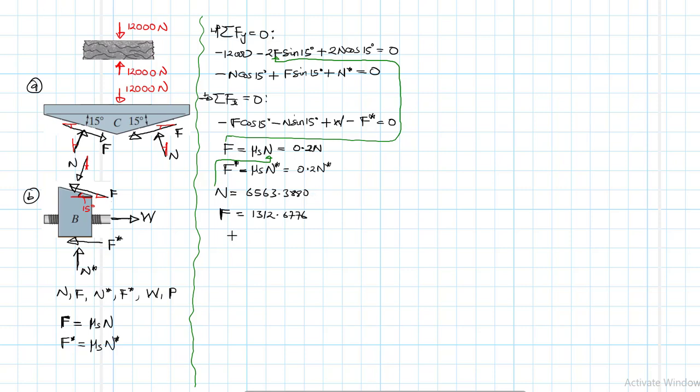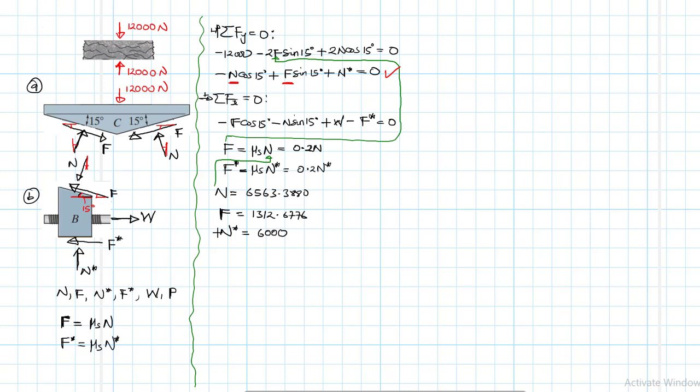So now we found F and N, so we can replace N there and we can replace F there. If we did so, we can calculate N star, because we have N and F in this equation, and we find that N star is equal to 6,000.